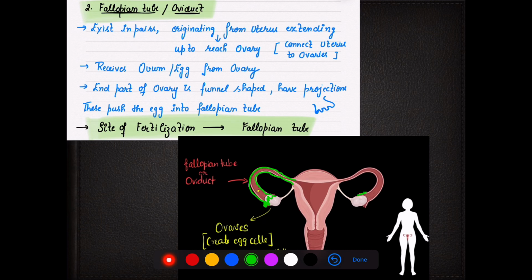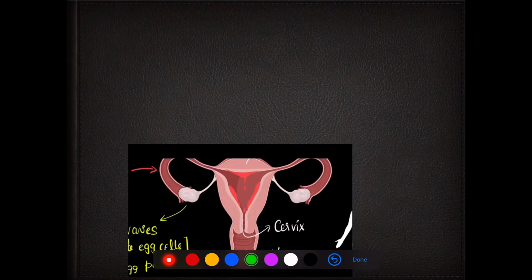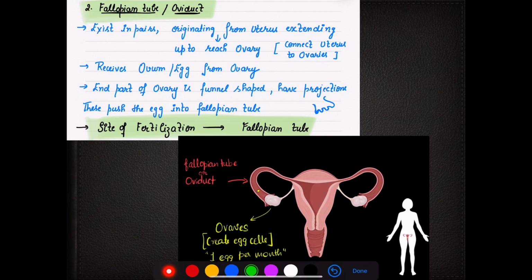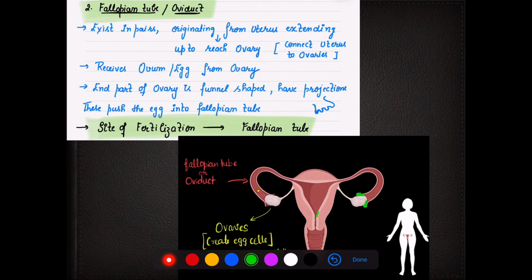Definitely they are in pairs, because there are two ovaries, so there are two fallopian tubes. This is the main connection of the uterus to the ovaries. Look carefully: these fallopian tubes are arising from the uterus and extending to reach the ovary.